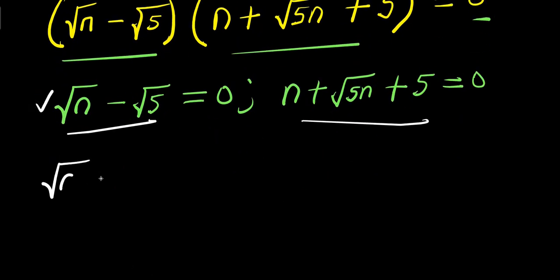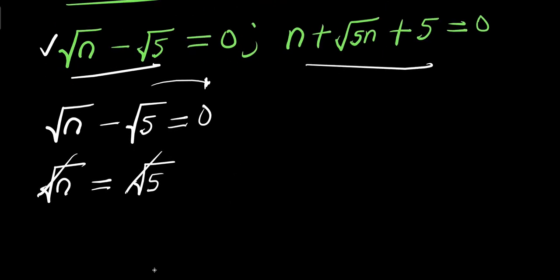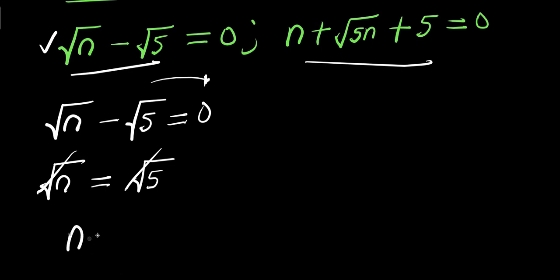We have square root of n minus square root of 5 equals 0. We can move this over here. We have square root of n equals square root of 5. Square root cancels square root. From here we have n equals 5. This is our n1.